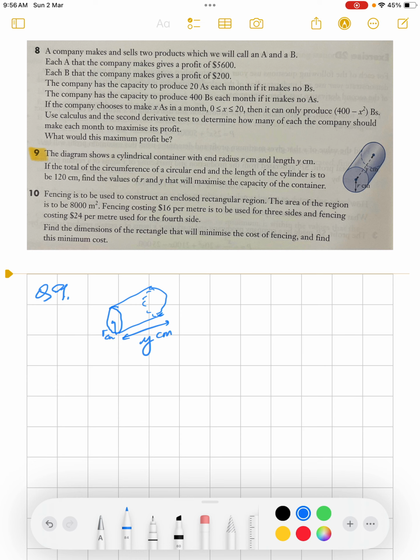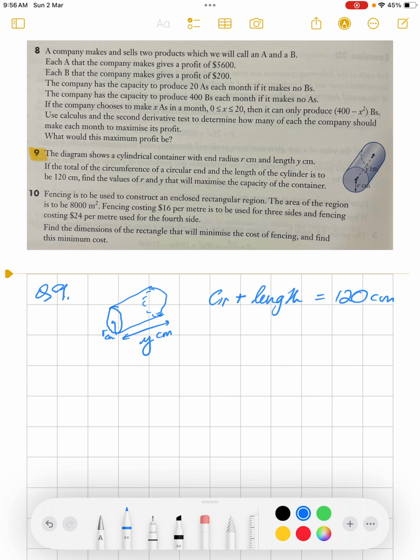And they're saying the total of the circumference and the length of the cylinder plus the length is to be 120 centimeters.